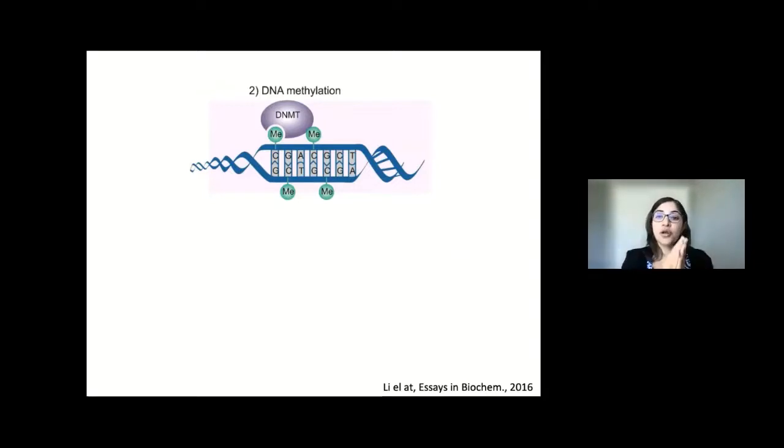This is known as a methyl group. If it is modified, then you don't express that gene, so the gene is off. If it is not modified, then the gene is on. Okay, so that's the number 2 mechanism.